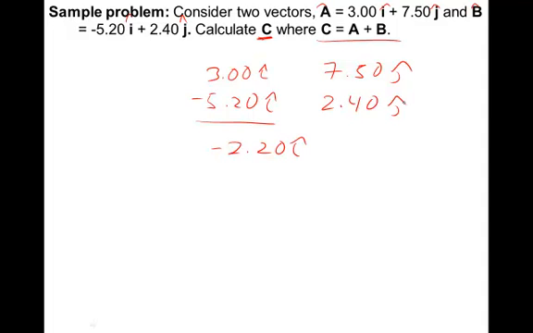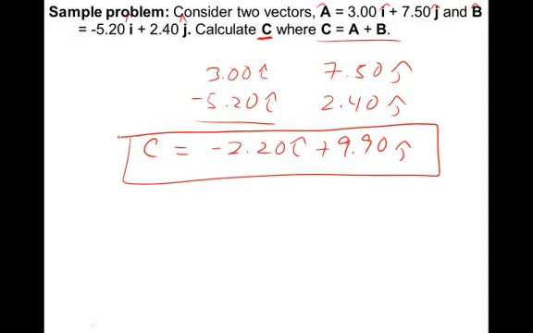Again, I just add those together, and I get 9.90 j hat. So my c vector would be written like this: negative 2.20 i hat plus 9.90 j hat. Really simple.